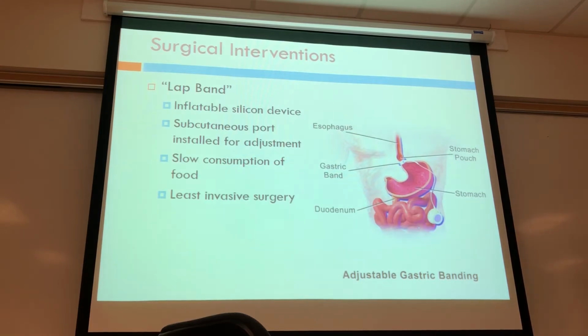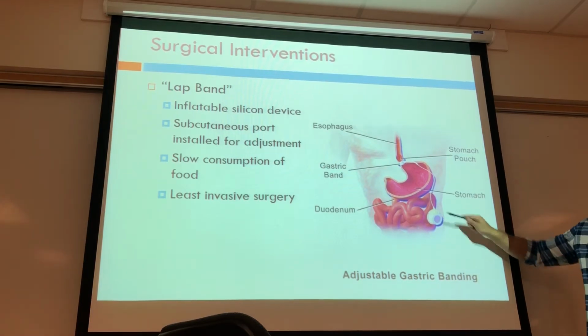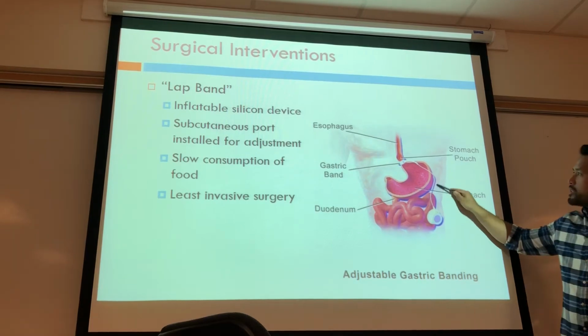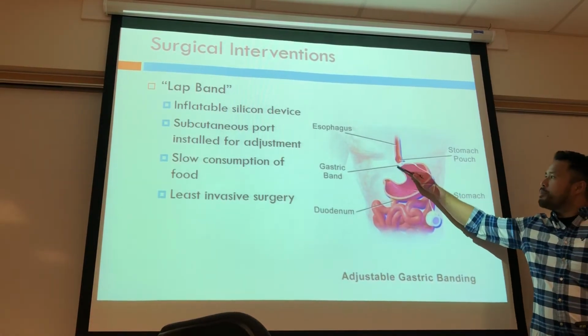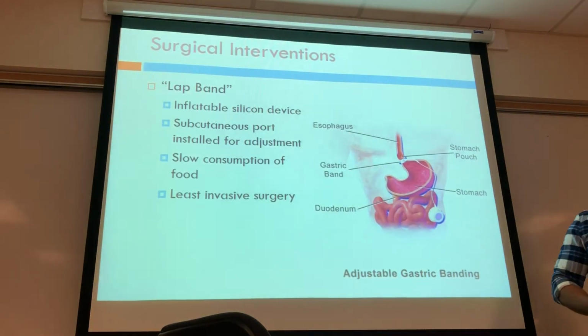The lap band is a less invasive surgery in which they can use laparoscopic surgery. It's basically tubes that go in. They can create very small incisions to go into the stomach and install a port right underneath the skin, which attaches to the gastric band, an inflatable cuff that wraps around the cardiac region.